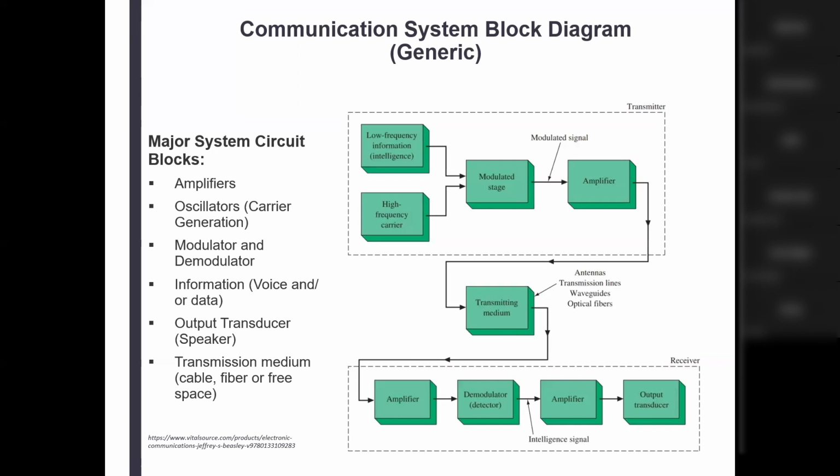It converts the temperature of the surroundings into a readout. If it's an electronic thermometer, it would convert the temperature into electrical signals, which could be processed and then displayed. And there could be other kinds of transducers. A transducer converts or transfers or turns one form of energy into another.